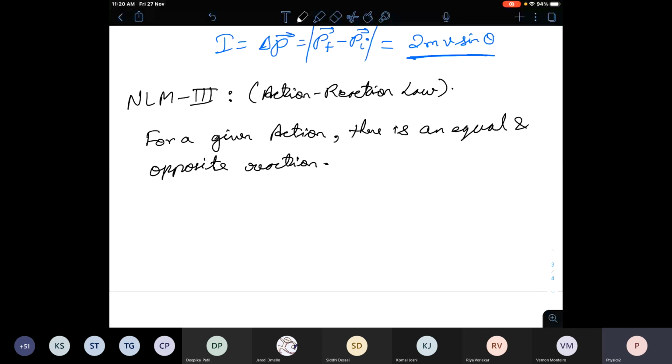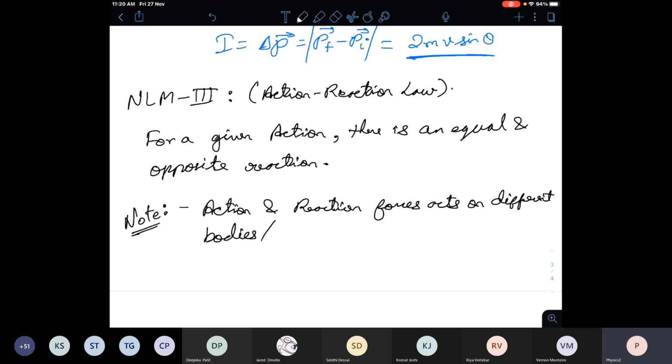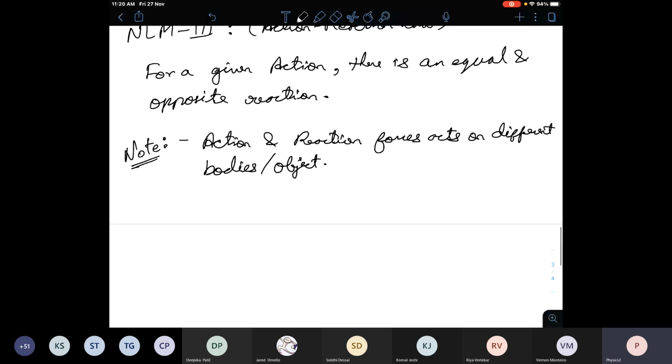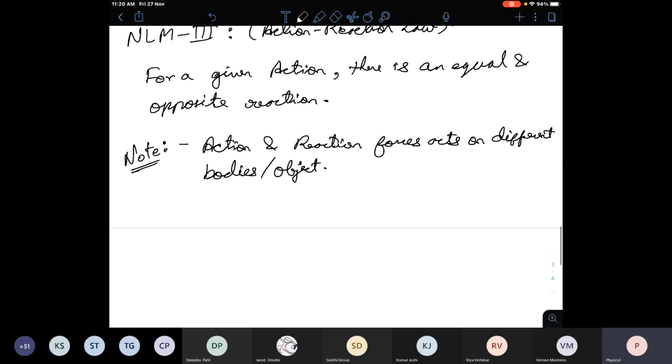An important thing to notice, you can take a note, it can be asked in a theoretical form: action and reaction forces act on different bodies or objects, whatever the situation is. Like suppose this is the block and someone externally is applying a force like this.